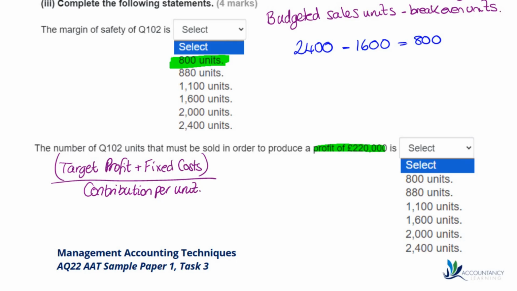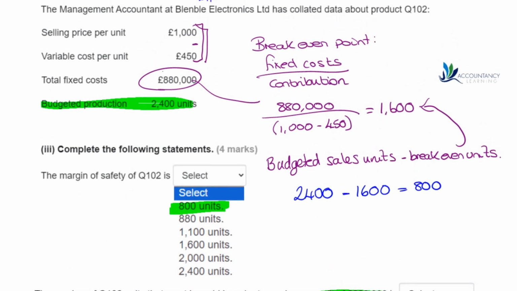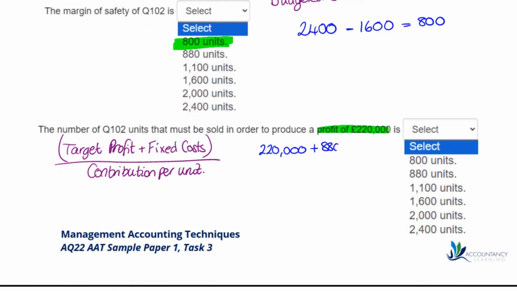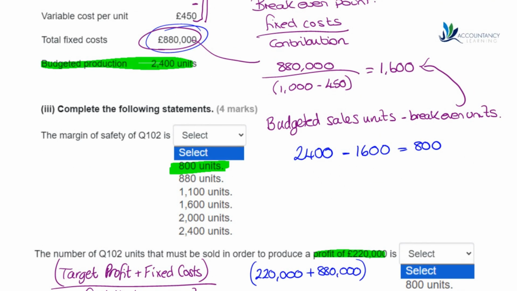So we can now put our figures into the formula. So we have our target profit, 220,000. We're going to add our fixed costs, which is up here, 880,000. And then our contribution per unit, so we did this up here.